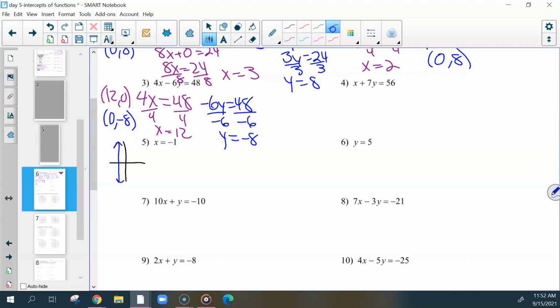Where would this cross the x-axis? The x-intercept, y is always 0. The x-intercept would be negative 1. So it's kind of a trick question because they give you that, but they're trying to see, do you know that's what it is?